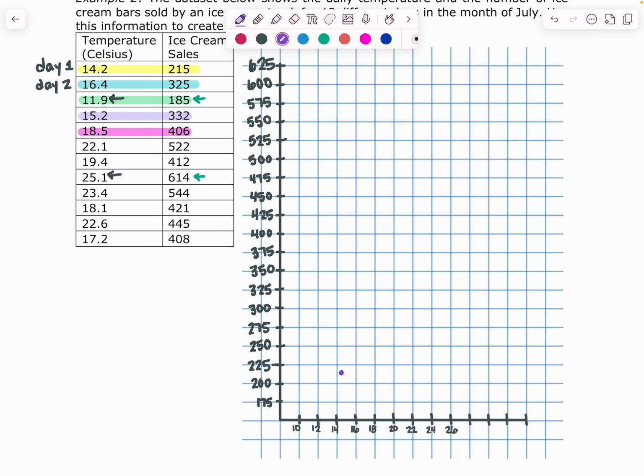Right there, that's about where the first point would be. Then 16.4 and 325, right there. 11.9 and 185.